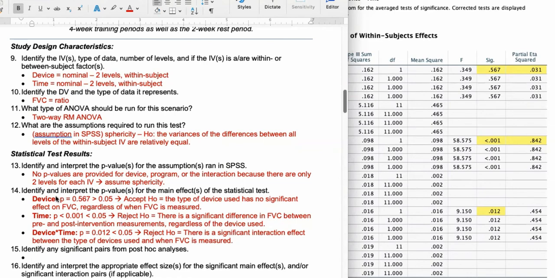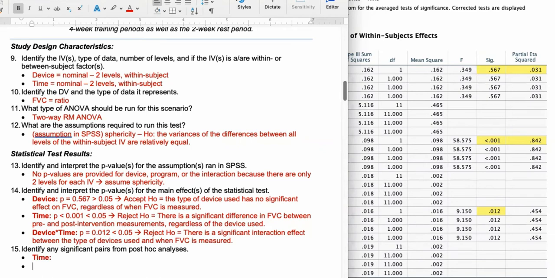So in this case, because device was not significant, that's where that analysis is going to stop. But we do need to look at pairwise comparisons for time. And then there will be two sets of pairwise comparisons for the interaction. One will look at differences between devices within each time point. And then our other set will look at differences between time points within each device.